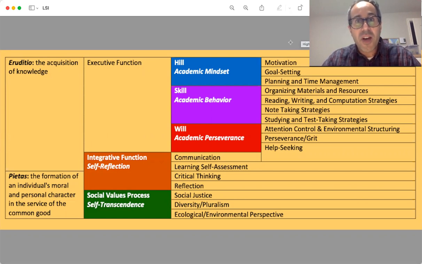So first off, I'd like to say that the LSI, while a cornerstone and foundational idea to all of the work that goes into AVLI, our mission, our vision, our values, is not something that you are necessarily required to overtly integrate into your course at this point in time.